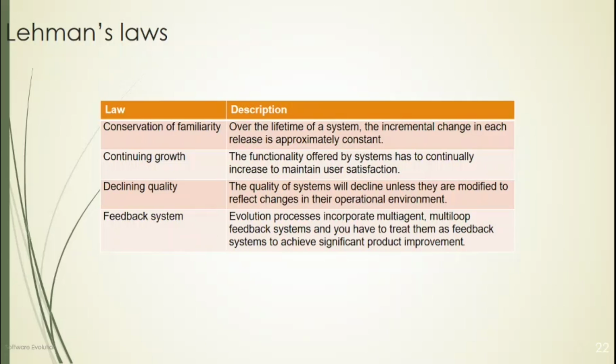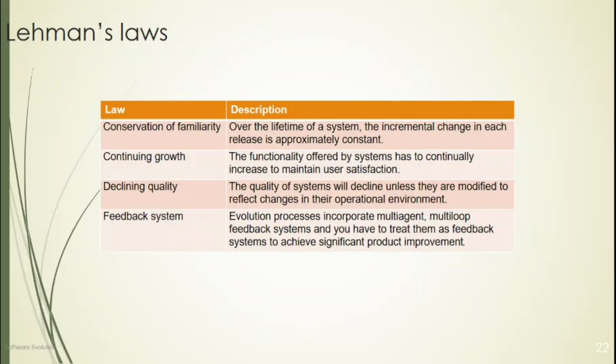So Lehman's observations were sensible. They should be taken into account when planning the maintenance process. It may be that business considerations require them to be ignored at any one time. For example, for a marketing reason, it may be necessary to make several major system changes in a single release.